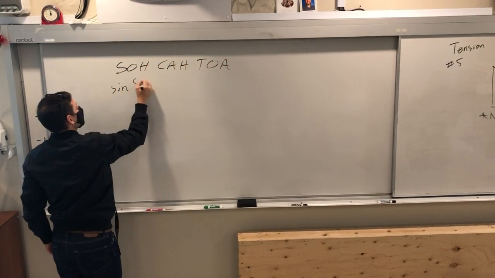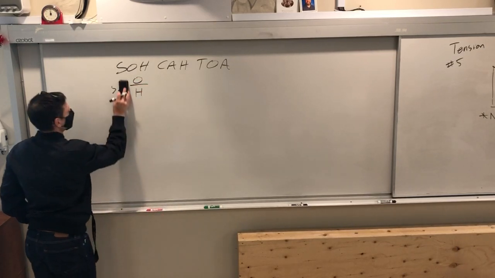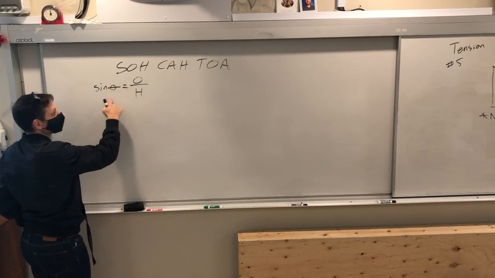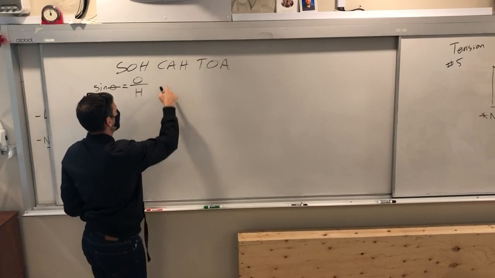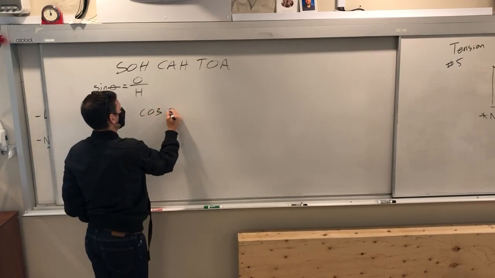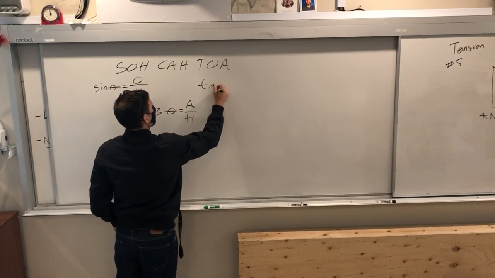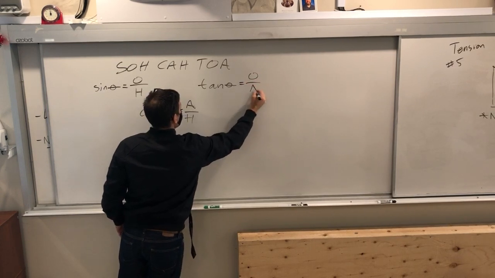Sine is opposite over hypotenuse, right? So sine of the angle is the ratio of opposite side over hypotenuse. And then cosine of the angle is adjacent over hypotenuse. And the tangent of the angle is opposite over adjacent.